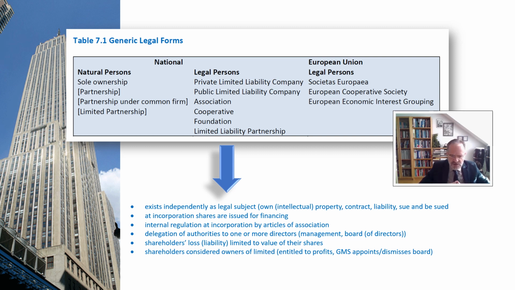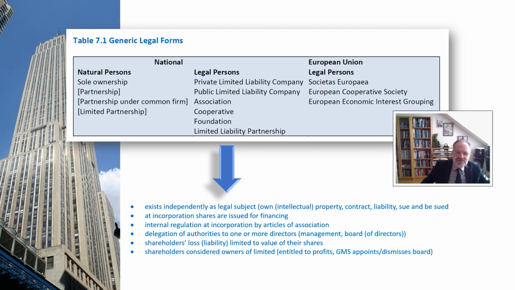First of all, let's look at the characteristics of a legal person. As already said, they exist, and they exist independently in business as a separate legal subject. Because they exist independently, they can own assets, property, intellectual property, they can contract, they have their own liability, and they can sue another human being, natural person, or another legal person.